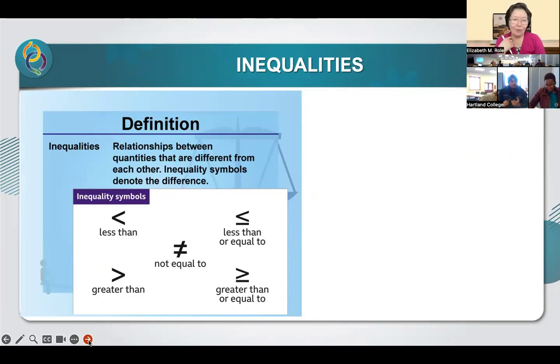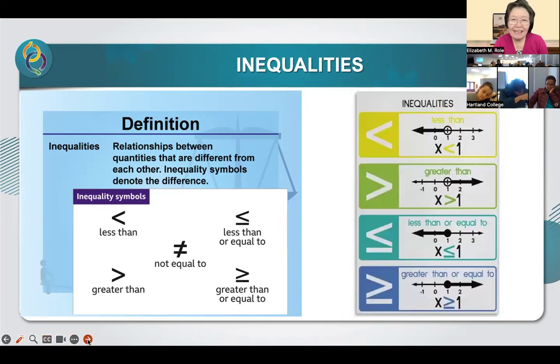So with the symbol not equal to, we have the symbol greater than, we have the symbol less than, or less than or equal to, greater than or equal to. So just be very familiar with our symbols, okay? And so we can also illustrate the less than, greater than, less than or equal, greater than or equal on a number line.